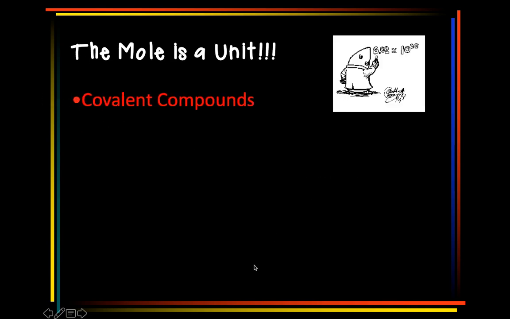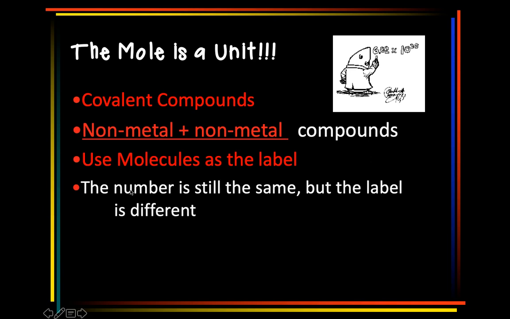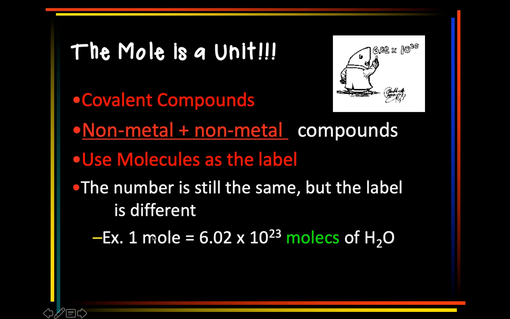Last one. What if we don't have an ionic compound? What if we don't have an element? What if we have a covalent compound? That's when we have nonmetal elements bonded to nonmetal elements. That's the kind of compound we're dealing with, covalent compounds. Molecule is the label. So again, it's still Avogadro's number, but now the label has to match the chemical we're dealing with. So I might say 1 mole equals 6.02 times 10 to the 23rd molecules.